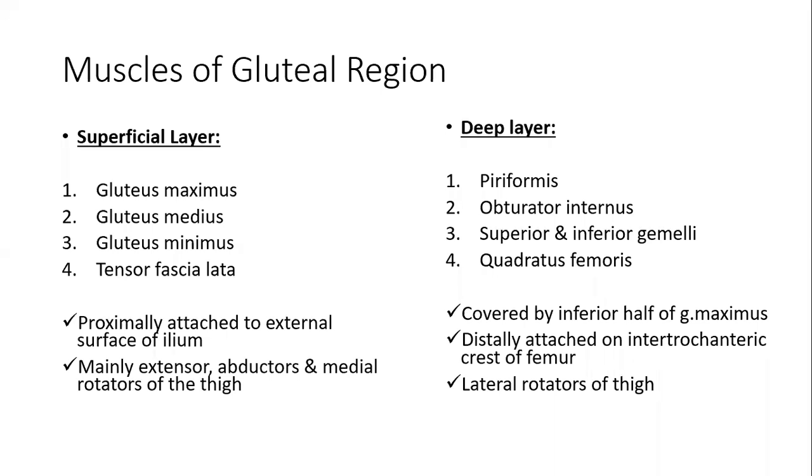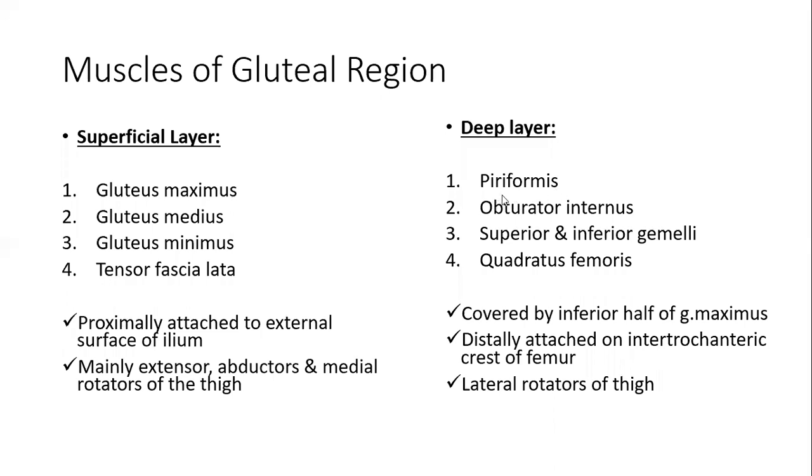You will be able to see the muscles that belong to the deep layer of the gluteal region by first dissecting the superficial layer muscles, especially maximus, then medius, and finally minimus. After dissecting and reflecting laterally their flaps, you will be able to see the underlying deep muscles.